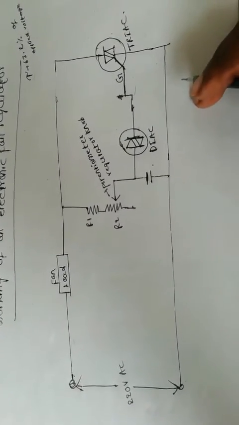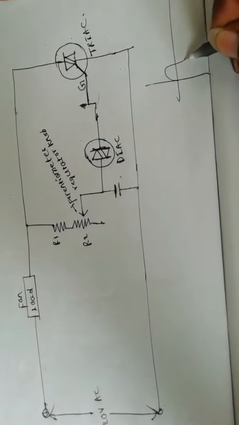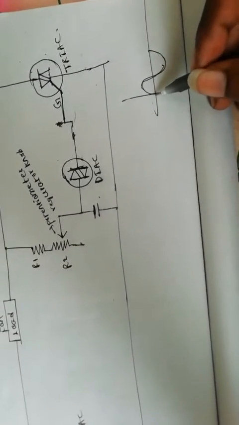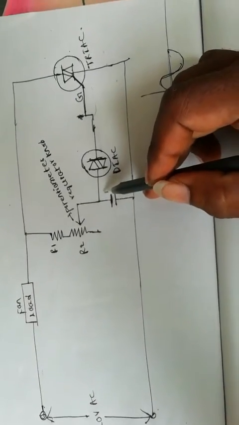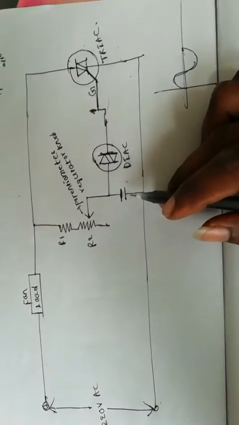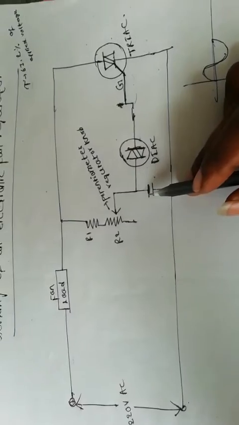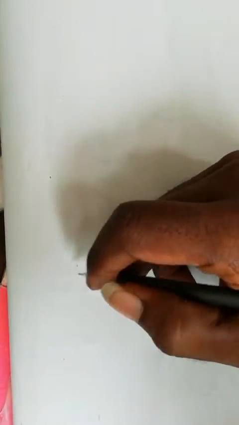For one complete cycle of the input signal waveform, how many times does a capacitor charge and discharge? In a capacitive circuit, the number of charges and discharges of a capacitor depends upon two parameters.